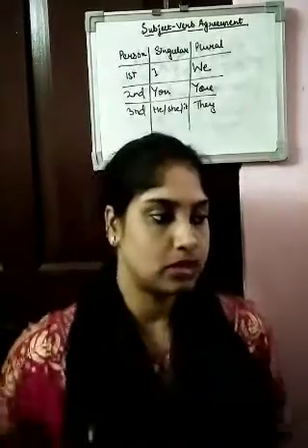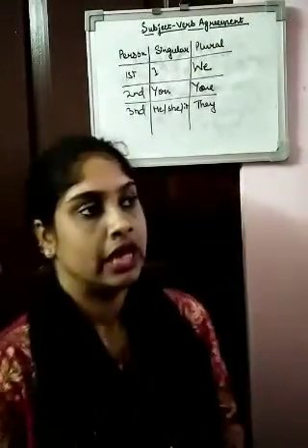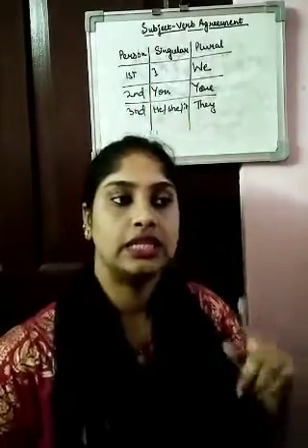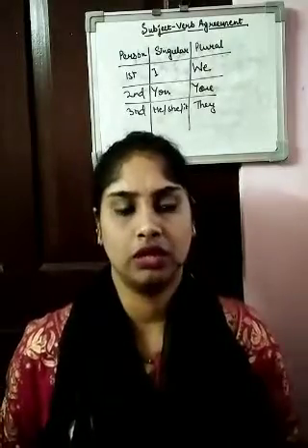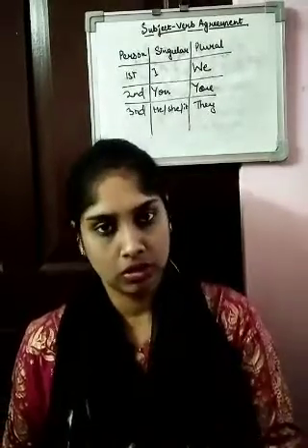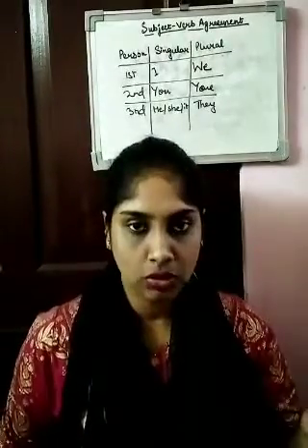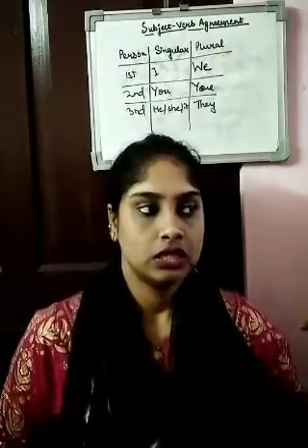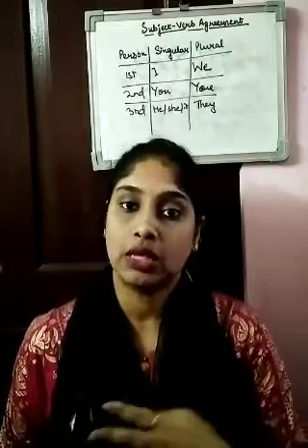Before I get into this, the thing you need to learn from here is, if the subject is singular, then our verb should also be singular. It's very simple. Singular subject equals singular verb, plural subject equals plural verb. If the subject is singular, the verb should be in the singular form. If the subject is plural, then the verb should also be in the plural form.